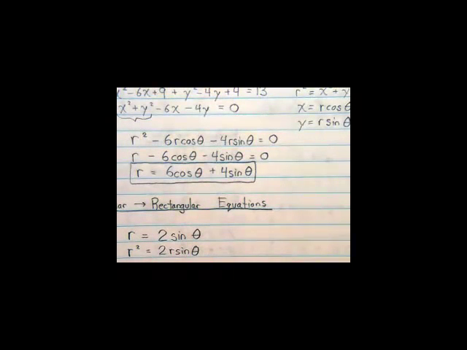Make a substitution, you need an r sine theta. So what do you do to an equation to put an r in there? You could multiply it by r, but whatever you do to one side of an equation, you got to do the same thing to the other, so you'd have to multiply the r by r, giving you r squared.